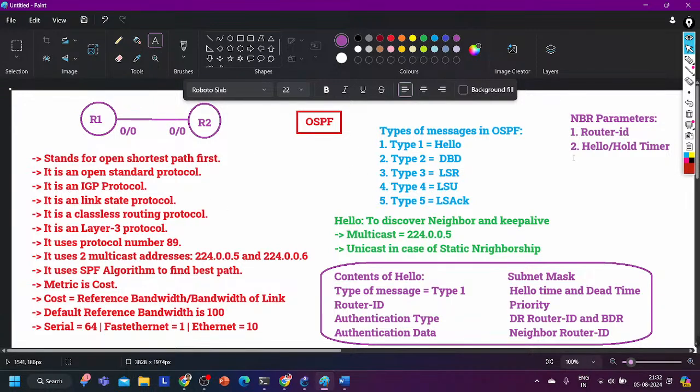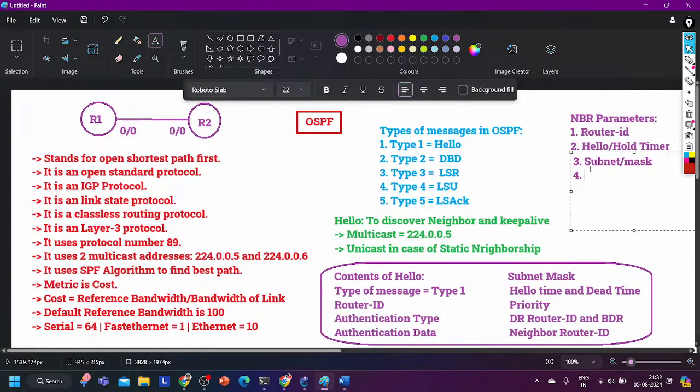The third parameter is the subnet and subnet mask, which must match.